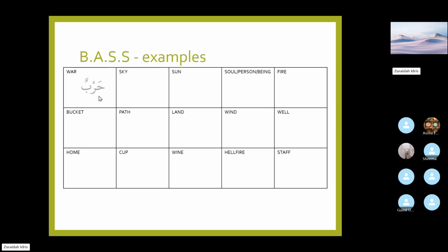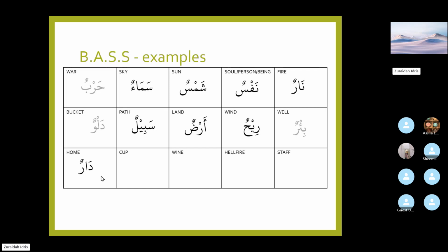Harbun, sama'un, shamsun, nafsun, narun, dalwun. It appears in the Quran only once, in Surah Yusuf. Sabilun, ardun, rihun, bi'run, darun.